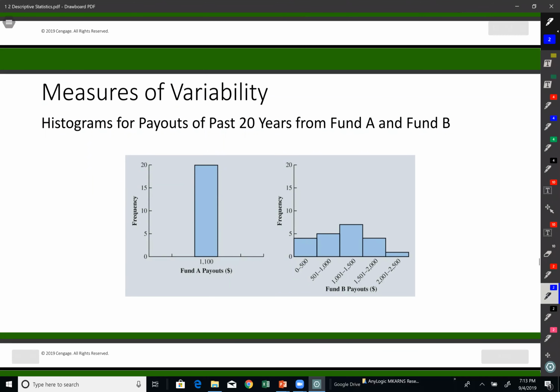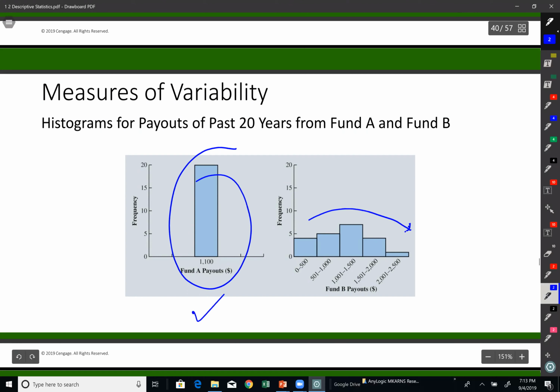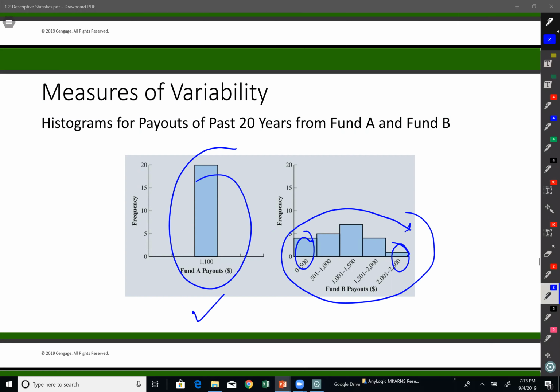Again, payout A is awesome. We get 1,100 every single year, but on the other hand, mutual fund B gives us different returns. It could end up somewhere between 0 and 500, or it could end up somewhere more than 2,000, but on average 1,100.